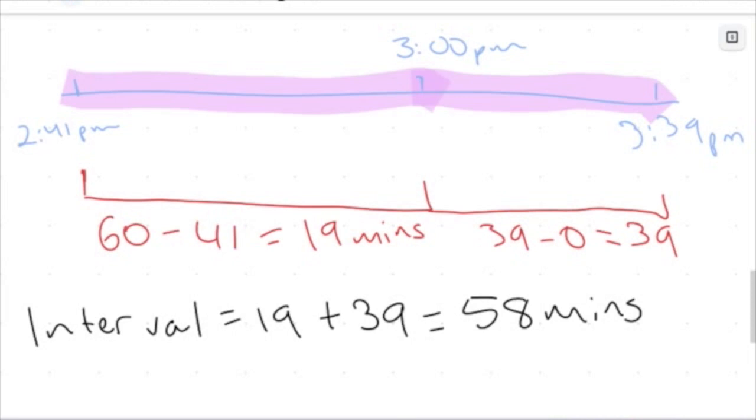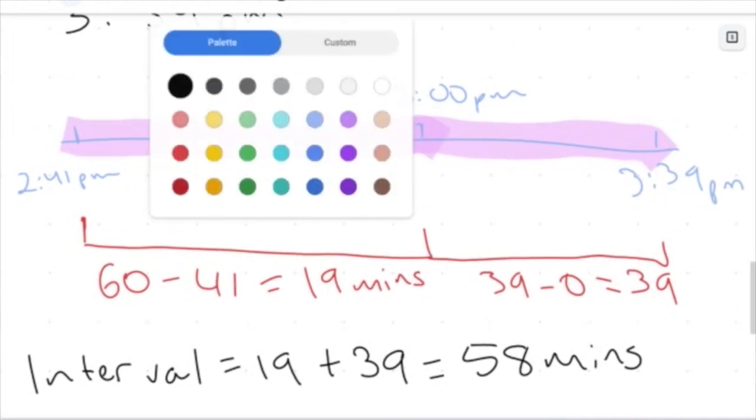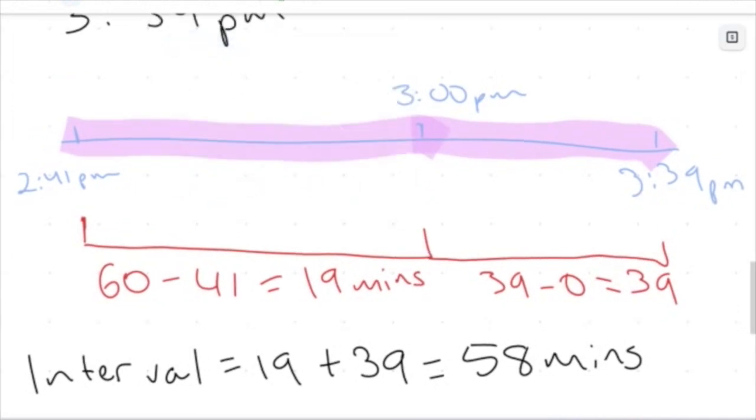Now let me just show you another way you could have done this, because there's numerous ways. Once we draw up this timeline, there's a bunch of different ways we can go about this. So for example, let me do this in another color. I know how much time it's going to take me to get from 2:41 to, for example, 3:41. That from 2:41 to 3:41 is just 1 hour.